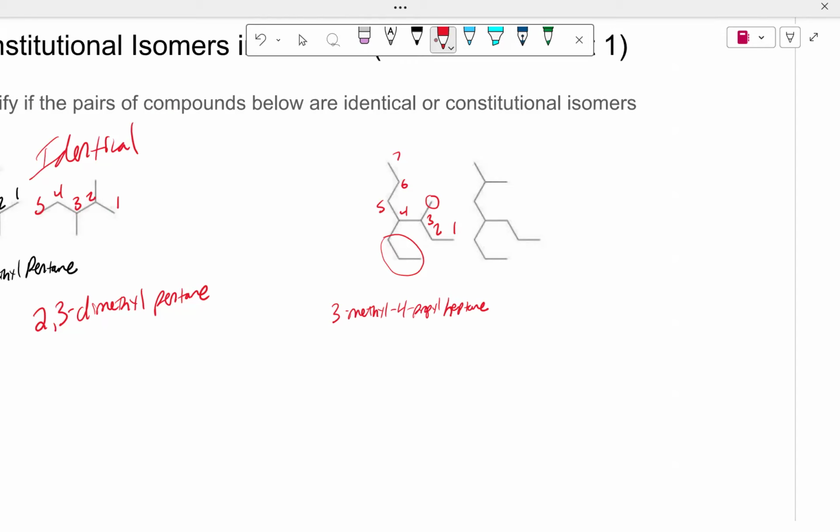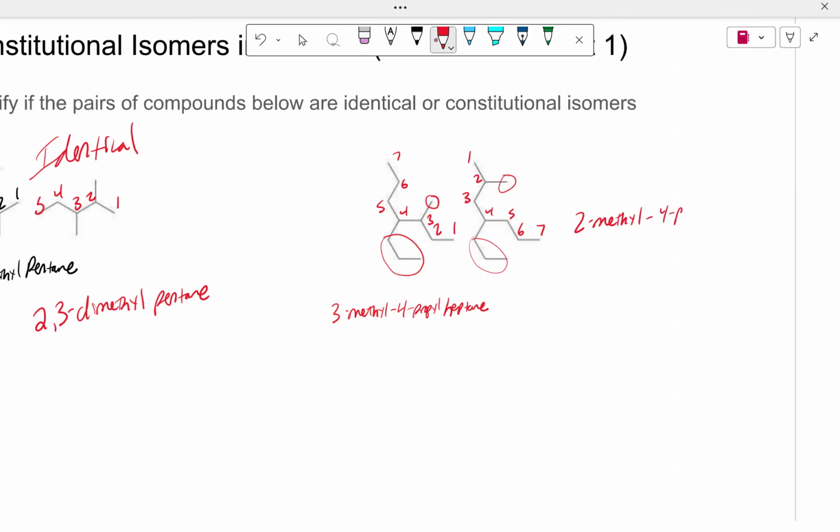Now on the one on the right, this is going to be our parent chain, and it's numbered so that the substituent encountered first gets the lowest possible value. Notice what happens though with where this methyl group is located. That methyl group is now on 2.